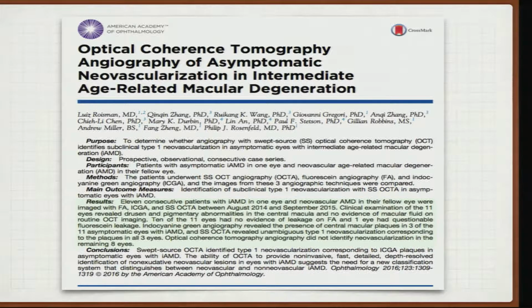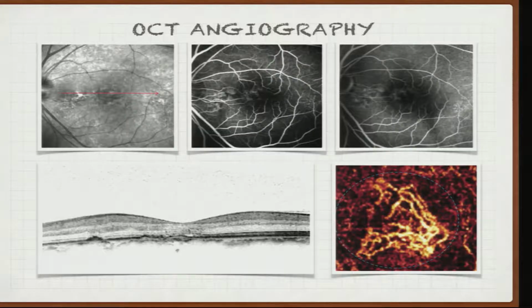Rosenfeld and group looked at intermediate AMD, and in one of the cases, where everything was kind of normal, there was no subretinal fluid and no activity on angiograms, they could still see a network at the subfoveal region.